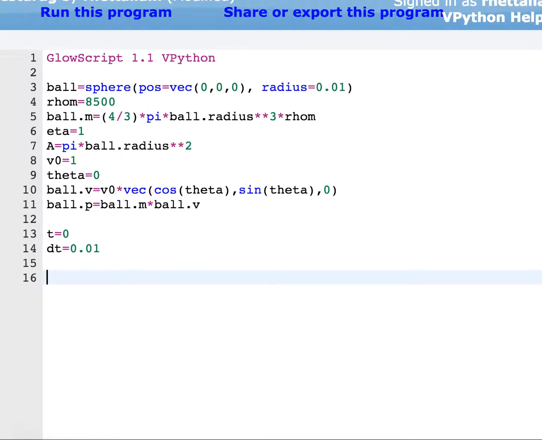So how long do I want to do this? I can't do it forever, and I don't want to do it until the ball stops, because the ball doesn't stop. So I'm going to say while the magnitude of the ball's velocity, momentum over ball.m, is greater than 0.1.